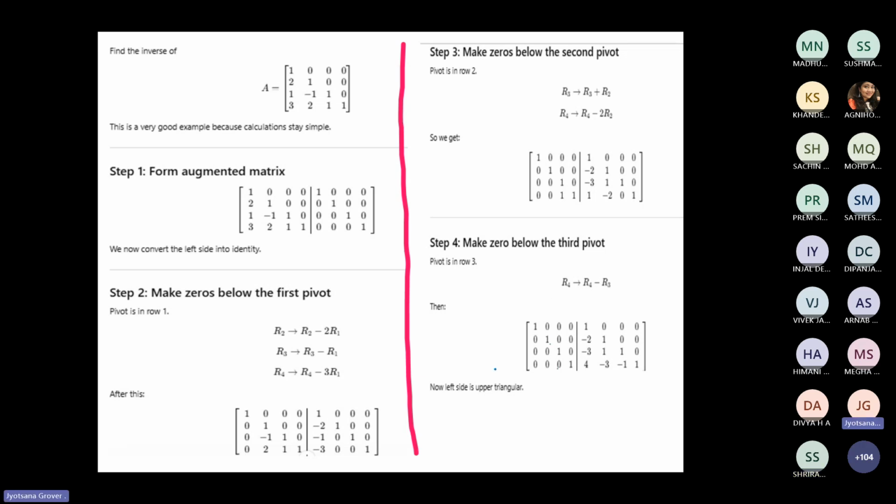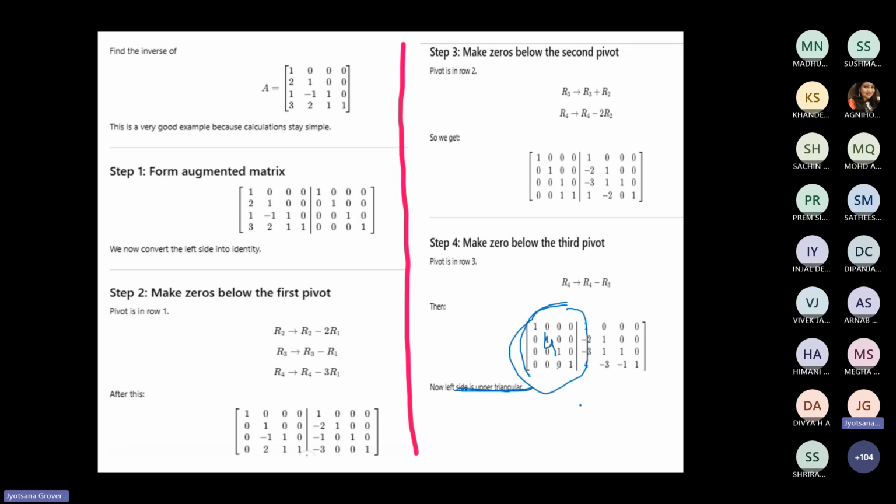No, we have achieved our identity. Yes, in this example our motive was to achieve the identity matrix only. Now your point is valid. Suppose the diagonal element turned out to be 4. So this is not the identity matrix.